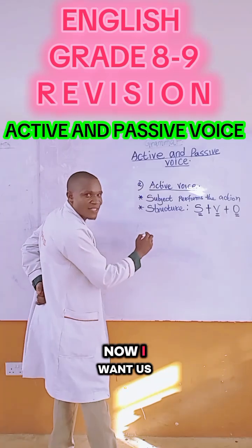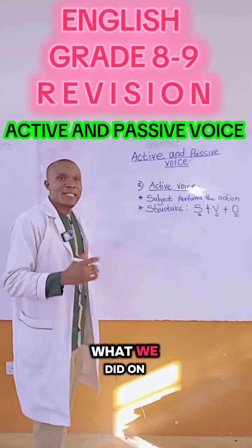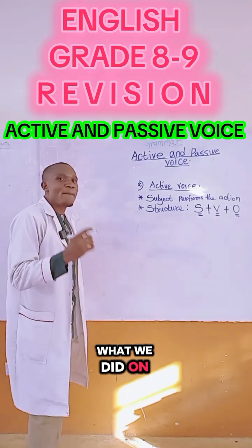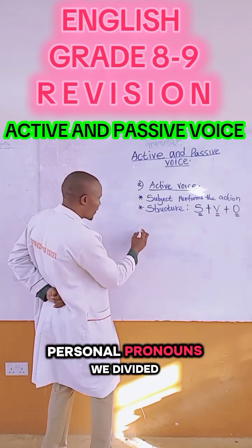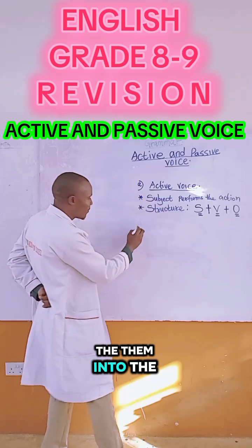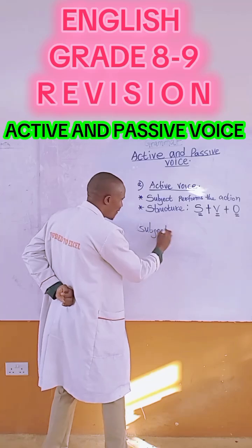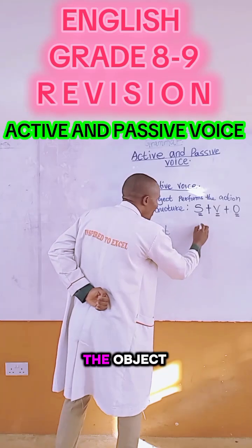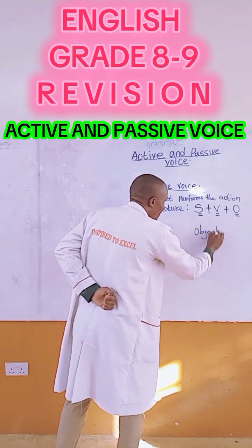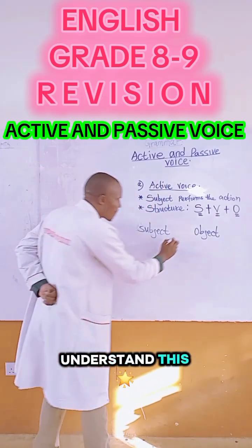Now, I want us to go back to pronouns, what we did on personal pronouns. Personal pronouns, we divided them into the doer, that is the subject, and the receiver of the action, that was the object. I want us to understand this.